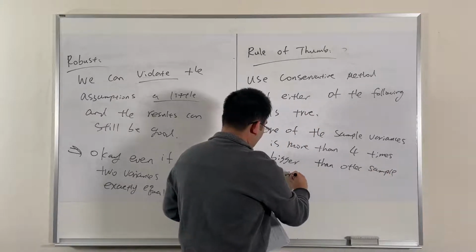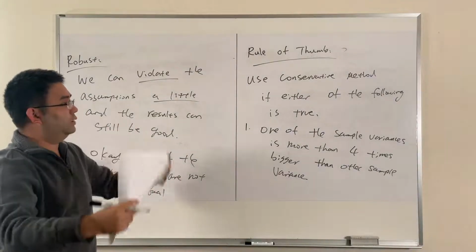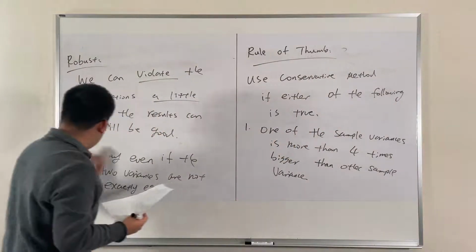So if one of the sample variances is 4 times bigger than the other, then you're going to use the conservative method. Let me show you what it means.